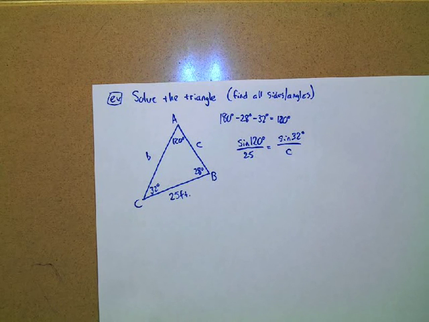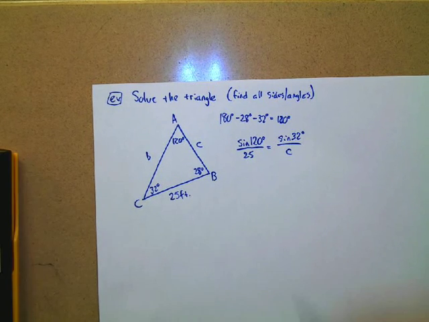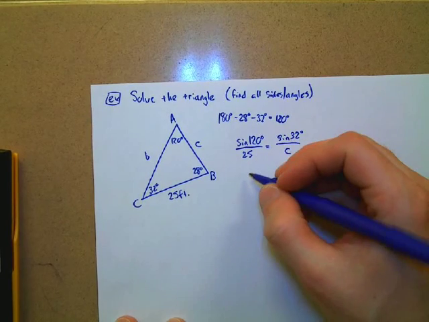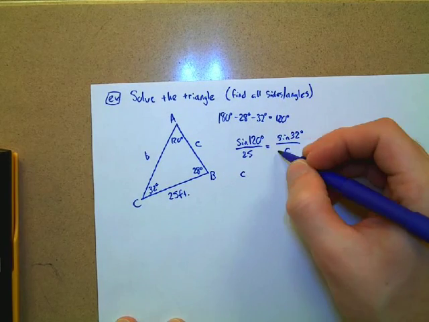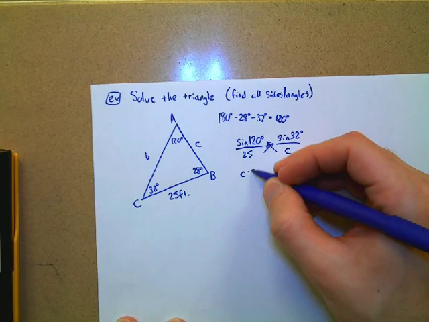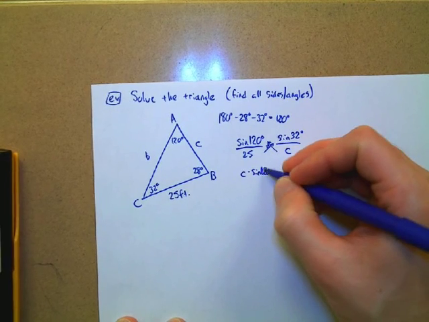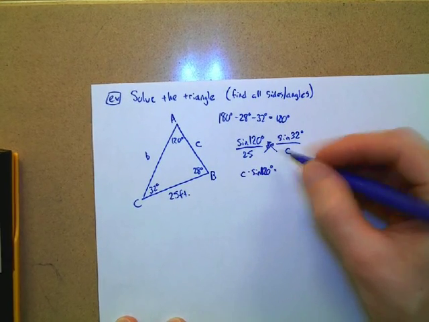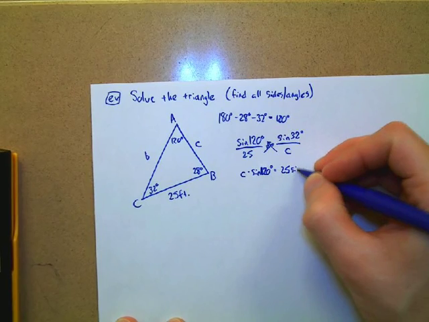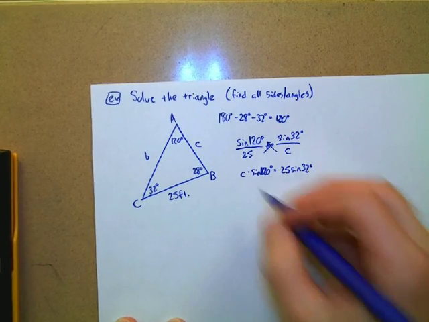All right. So anyway, we'll cross multiply here. So I get c times sine of 120 equals 25 sine of 32, and then divide both sides by sine of 120. And so you get c is exactly 25 sine 32 degrees over the sine of 120 degrees.